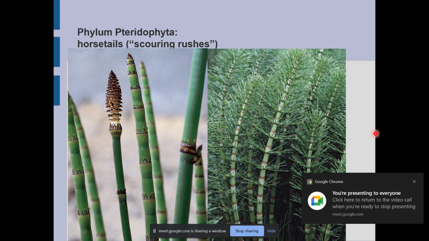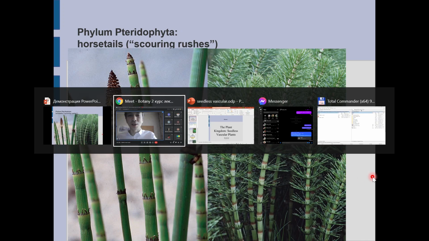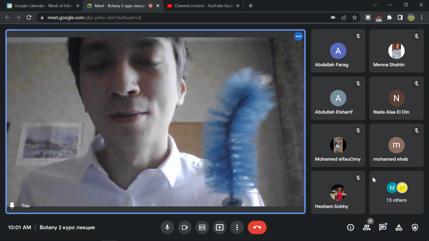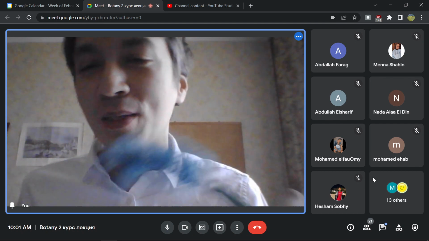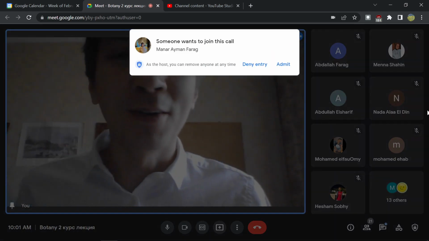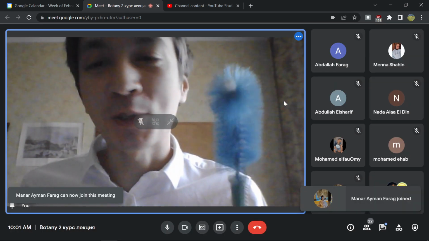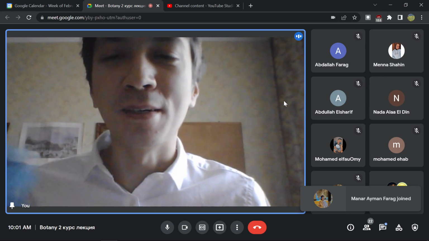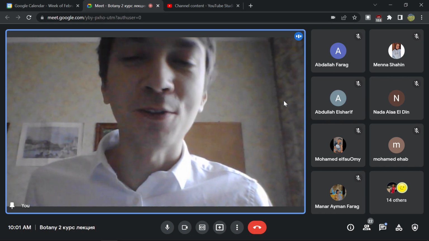These are actually horsetails, and these are also very handy in the kitchen because if you don't have a scouring brush like this to clean a bottle, for example, in pharmaceutical chemistry or technology, or even pharmacognosy, you can use horsetail ferns to clean the dishes.